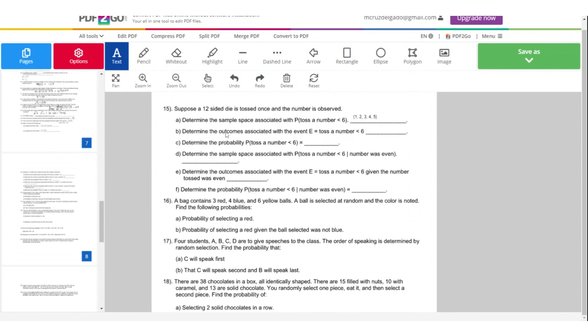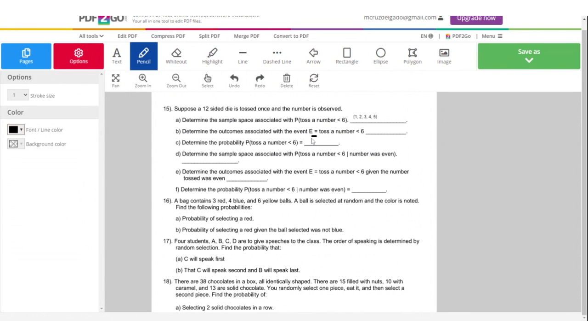I don't see how these two are really the same thing, so I'm not going to waste any time on B. So the probability that it's less than 6 is 1, 2, 3, 4, 5. Five over 12, because there's 12 sides, 5 of them are less than 6.